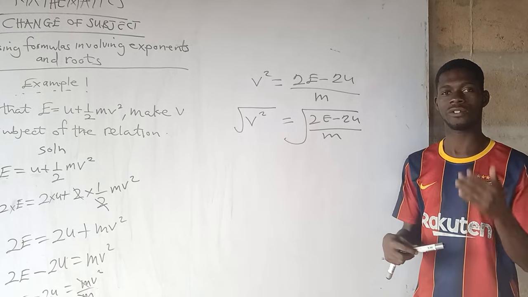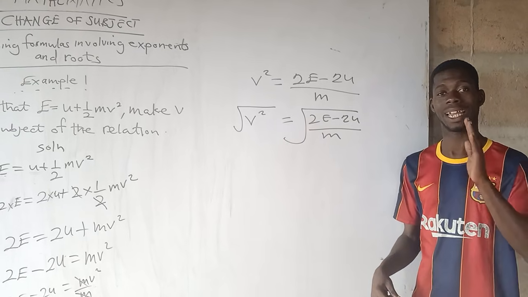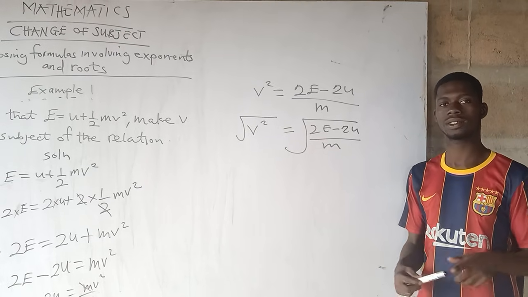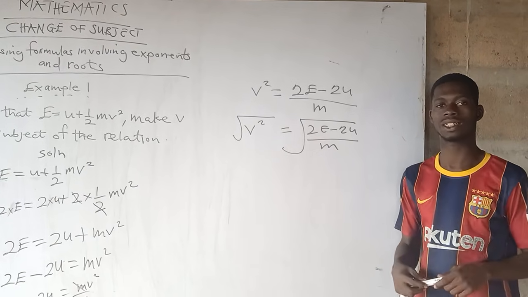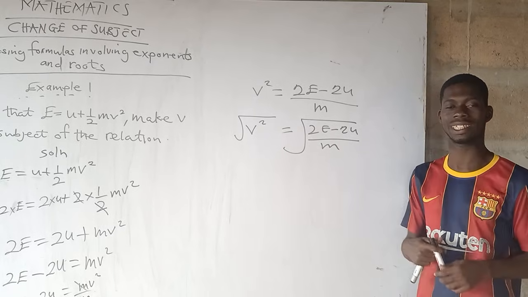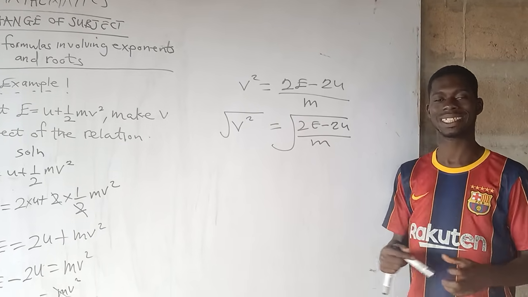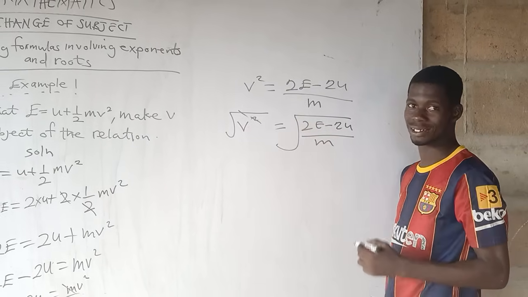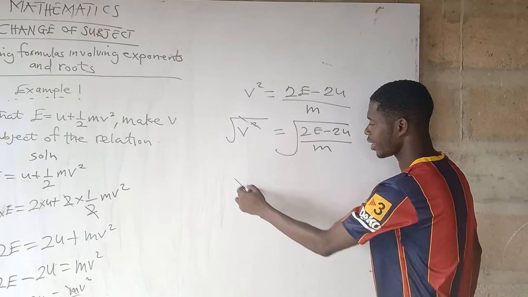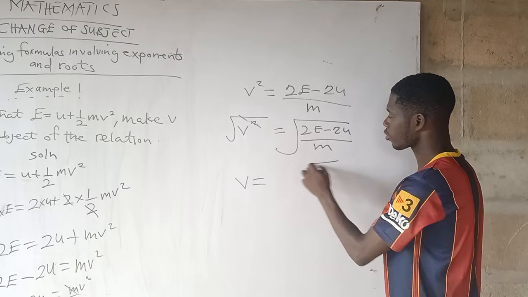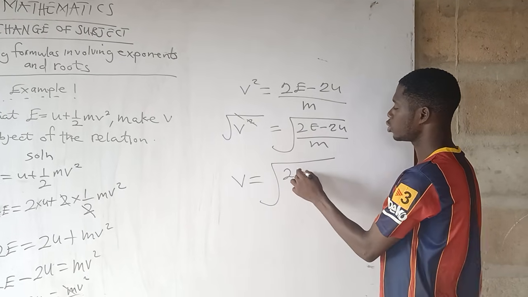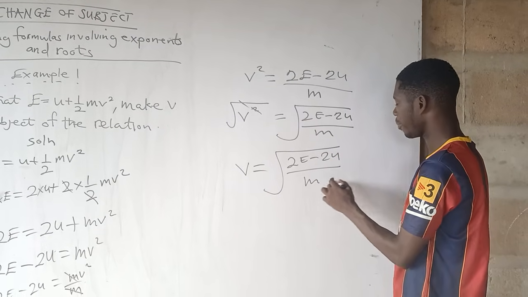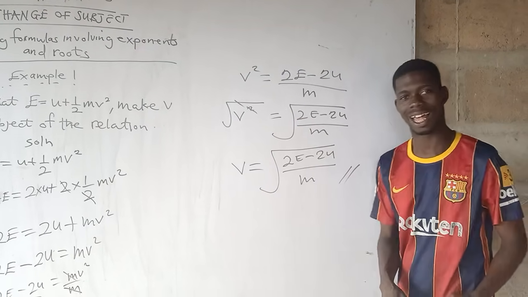So when any number is squared and you want to eliminate it, you square root both sides of the equation so that the variable can stand alone. So here, the square will cancel the root, right? So you get v is equal to the root of 2e minus 2u over m as the final answer.